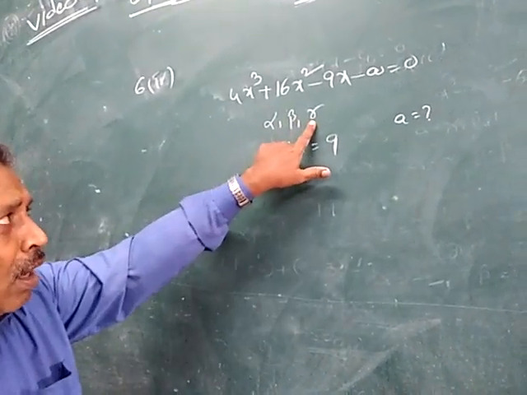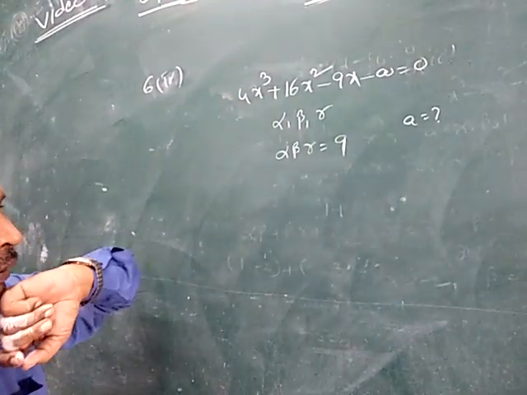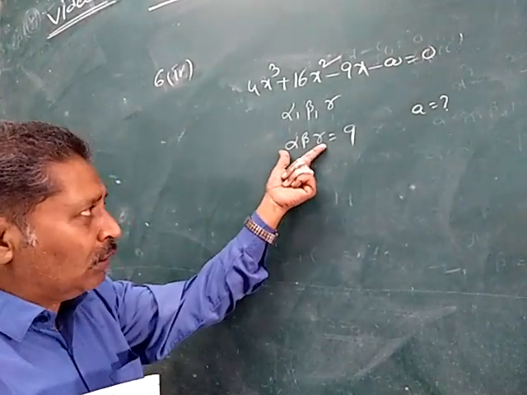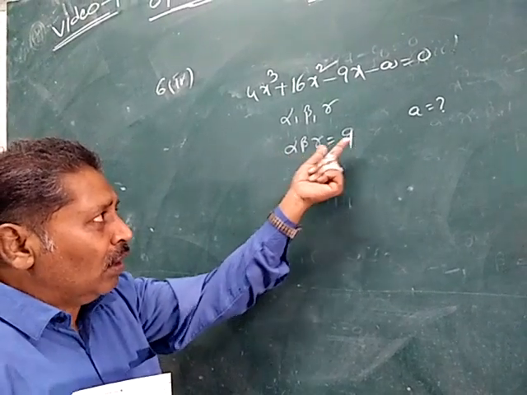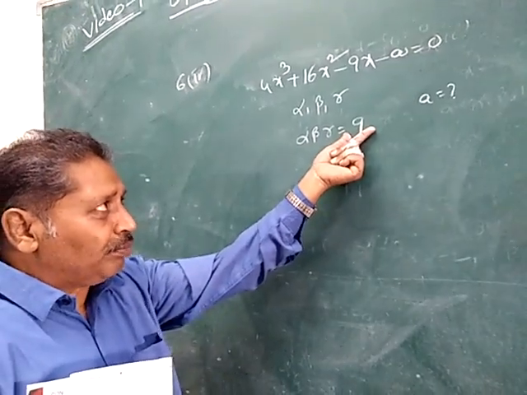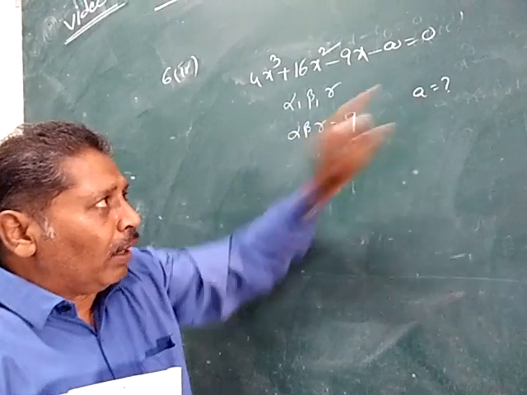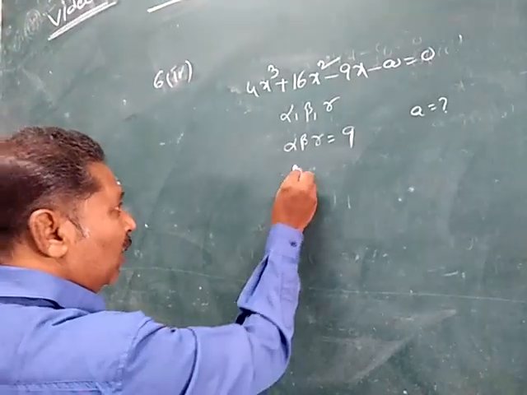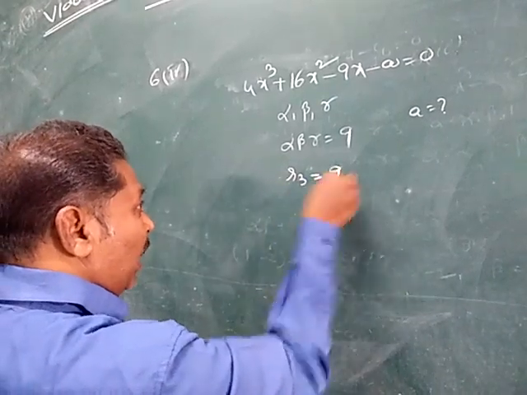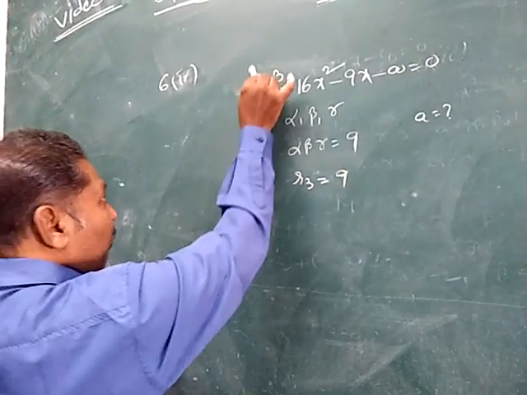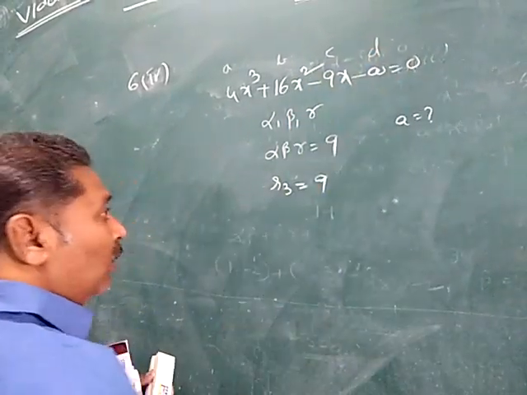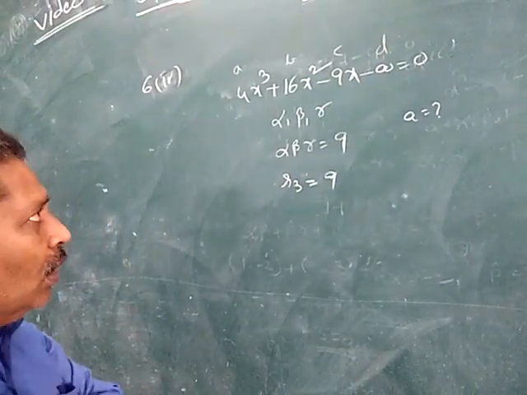This cubic equation, alpha, beta, gamma are the roots. Given product of the roots is 9. Find the a value. So given S3 value is 9. This is A value, B value, C value, D value.